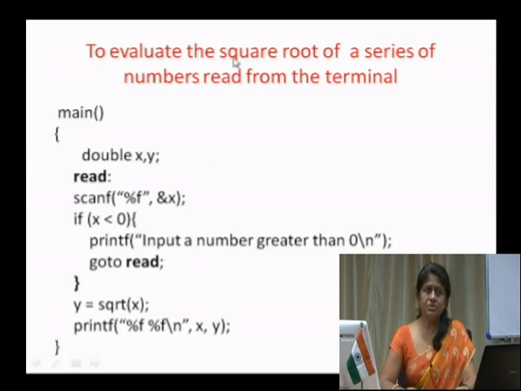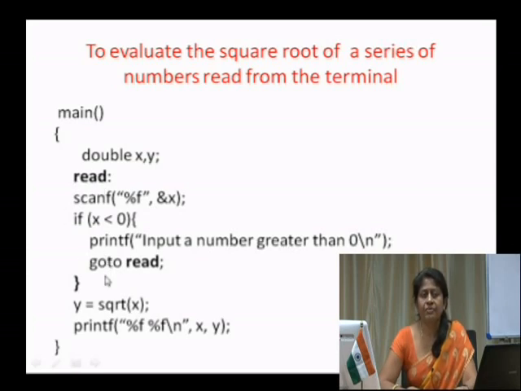Since this program is to calculate the square root of a series of numbers, we are going to check whether the number is a positive number or a negative number. Since the negative numbers will result in an imaginary number, we are not going to consider the negative numbers over here. So, a number greater than 0 should be given by the user, and then we are going back to the read label, that is goto read.